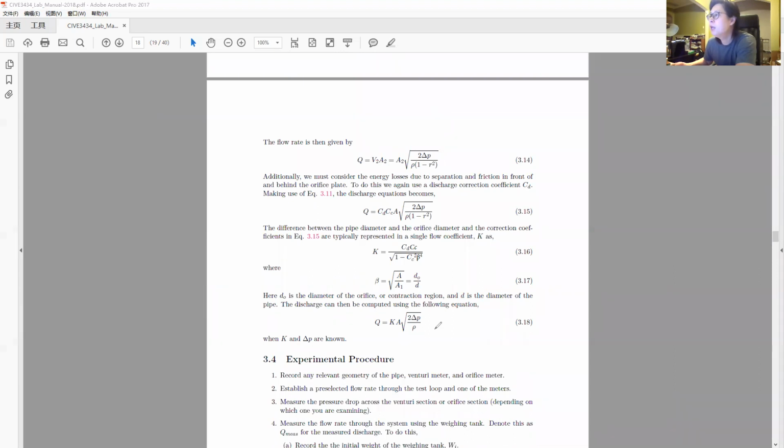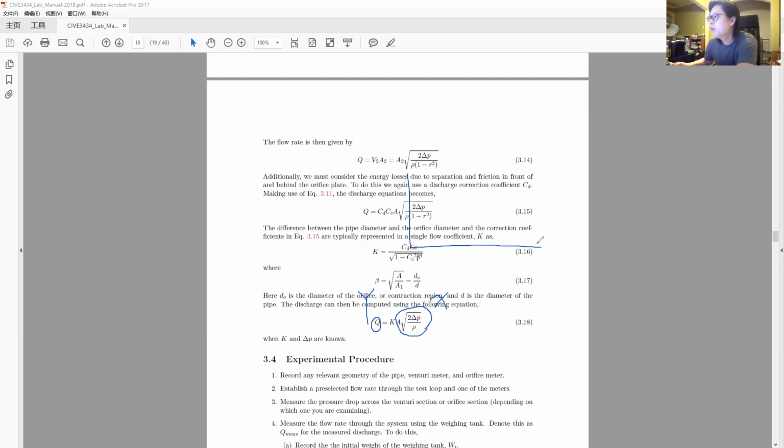Basically, you want to use this part as your variable x, and your measured discharge is your y.